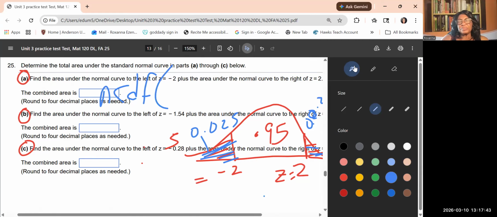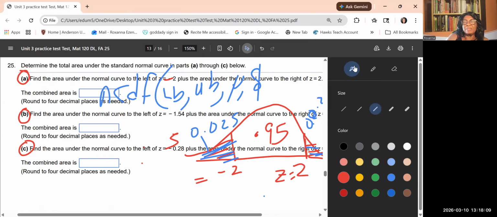All right, so I'm told to find the area to the left of -2. Remember, the argument is lower bound, upper bound, mean, standard deviation. That is the argument. And so what is the lower bound?